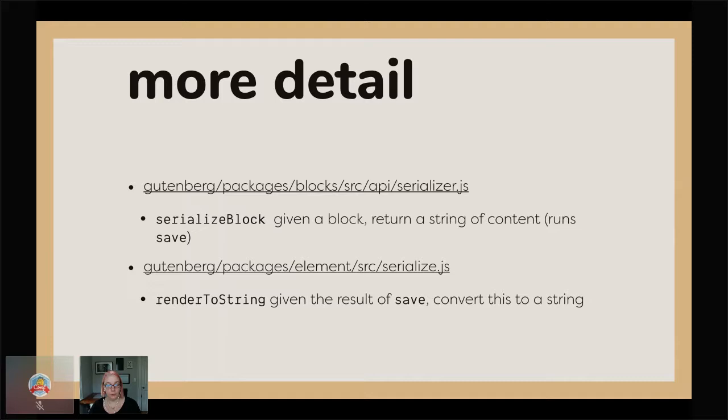So if you're interested in that, the serializeBlock function will show you the walkthrough of getting from block content to a string of content for the database, and that's the thing that runs save. If you're more interested in the real behind the scenes of how it renders an element to a string, renderToString in the element package is what you should look at. That's what converts it down.